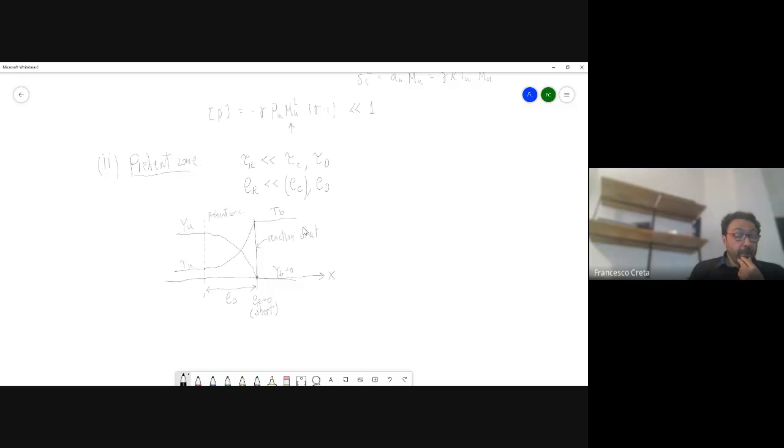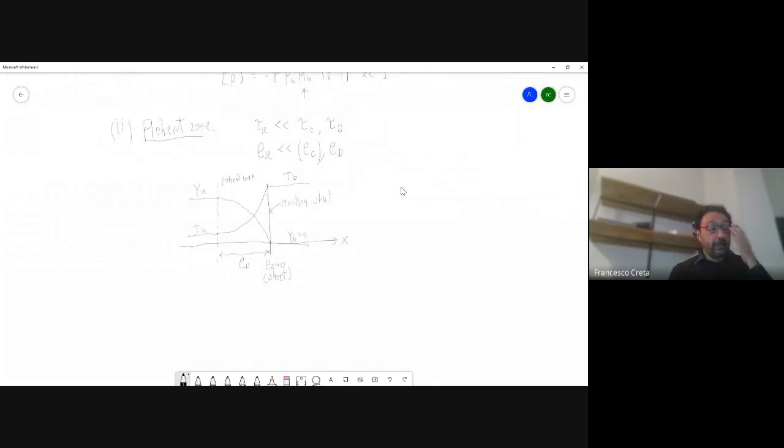Clearly, the upstream boundary is going to be fixed by the inflow. So, in some sense, I hope you can see this. The reaction sheet will act as a sink. I hope you know what that means.